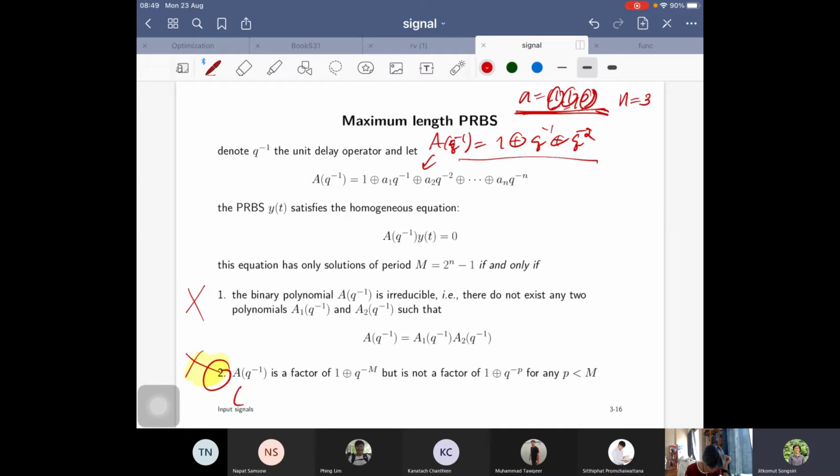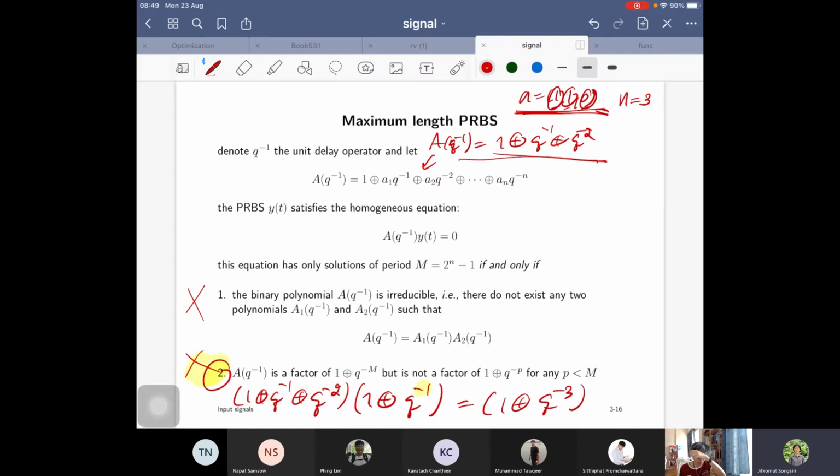I'm going to show that when you multiply this polynomial with 1 plus Q inverse, it gives you 1 plus Q to the minus 3.